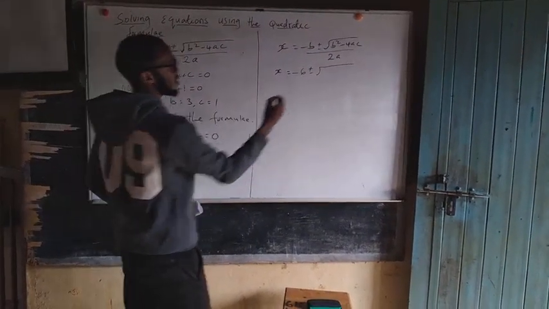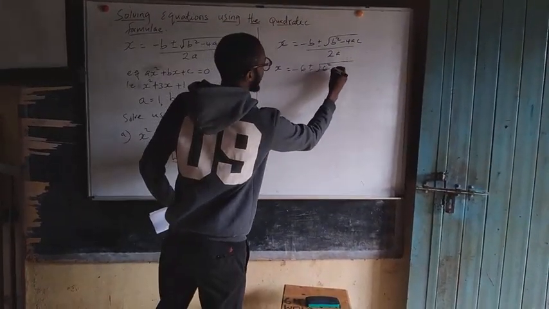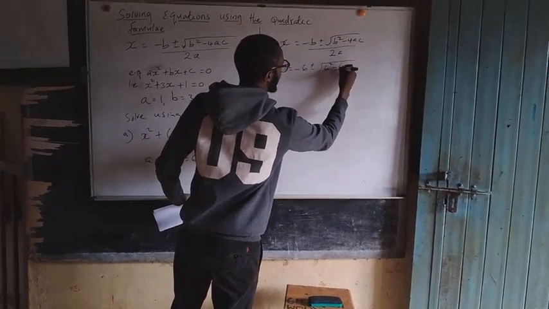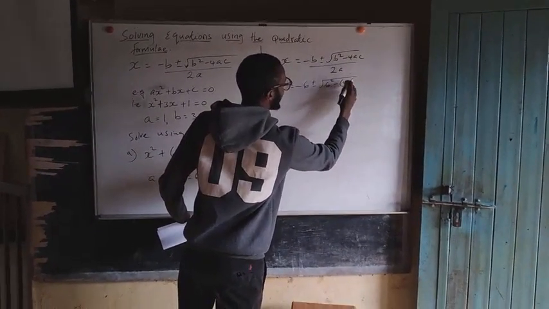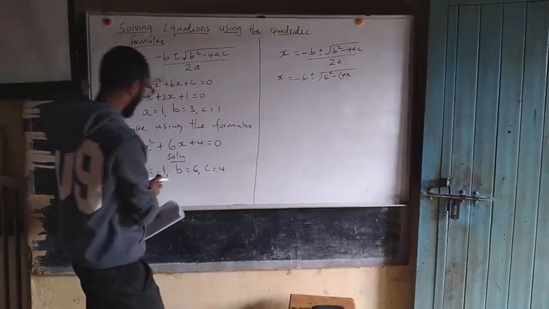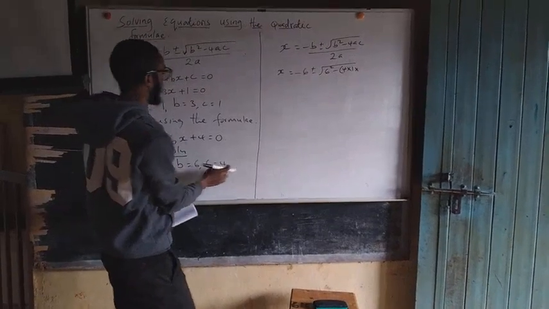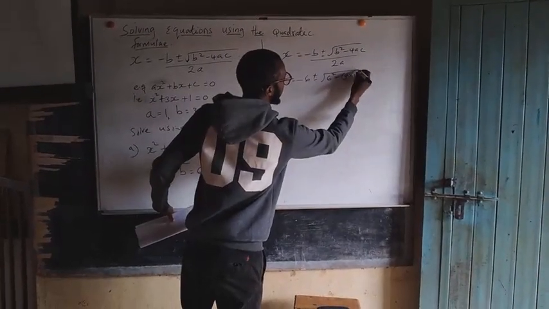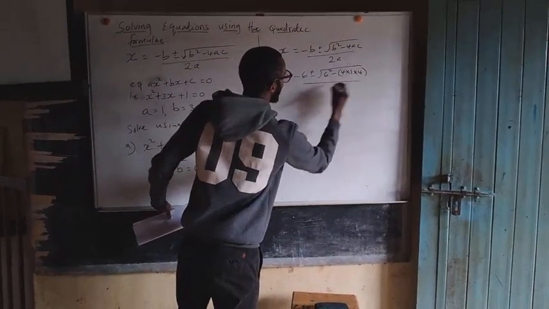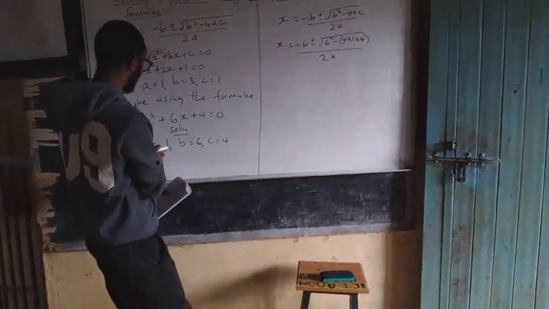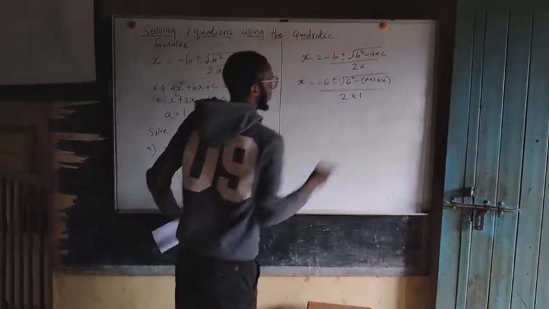Our b is 6, so it is 6 squared, and then minus 4 times a. Our a is 1, and our c is 4. So that is 4ac, and then over 2a. 2a and a is 1, so 2 times 1.